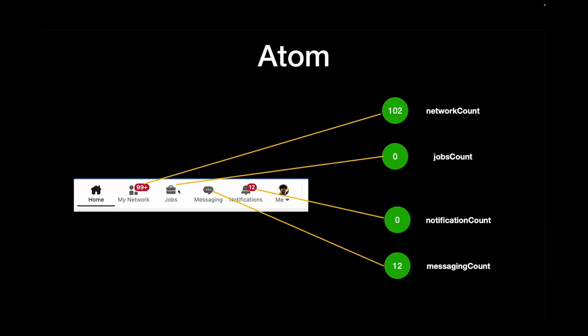Similarly, this is 0 and we can write the logic that if there are 0 notifications, don't show a bubble here, and this is 12. These should be flipped, but you get the idea. 12 should be here, 0 should be here, and this represents the notification count. Cannot fix that. And these are the 4 atoms that I will create for my React application.